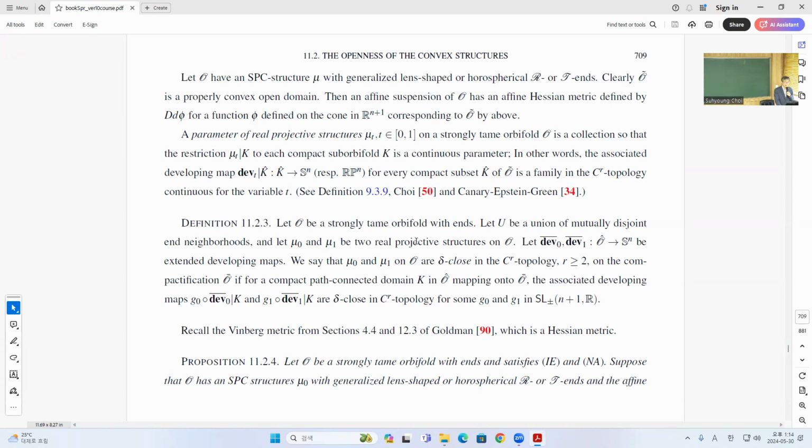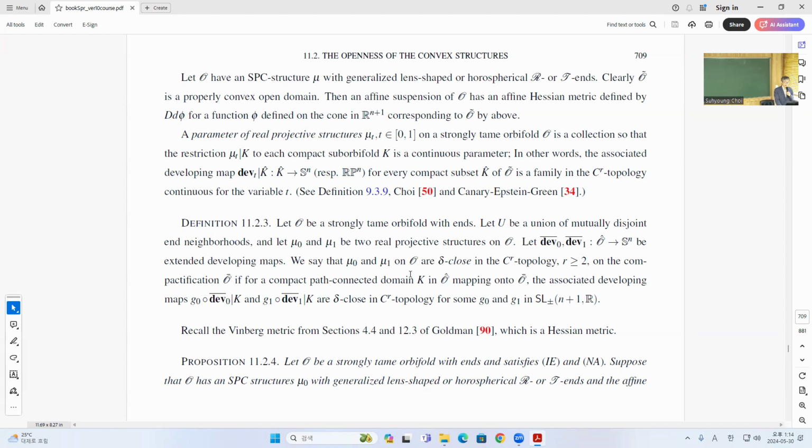So the definition 11.23: let U be a union of mutually disjoint neighborhoods, and mu0 and mu1 be real projective structures, and let there be the extended developing maps. Then we say that these are delta close in the C^r topology in the compactification if for any compact path connected domain K mapping onto this, the associated developing map is delta close in the C^r topology for some C1 and C0.